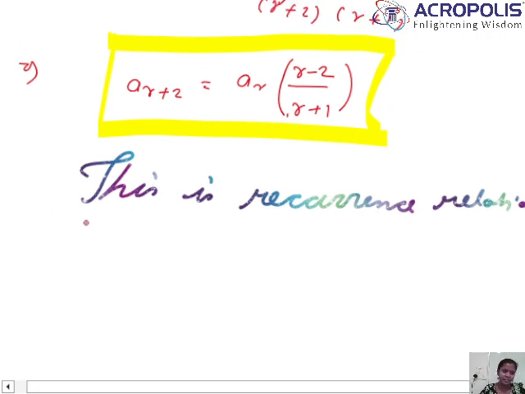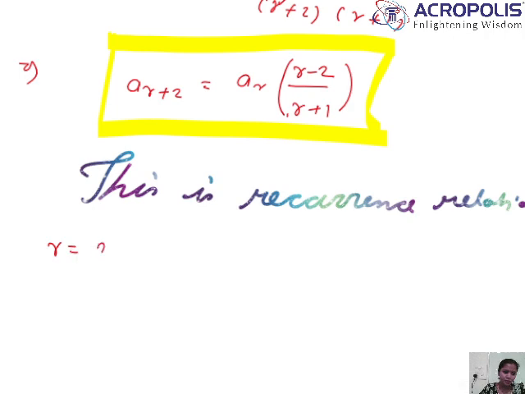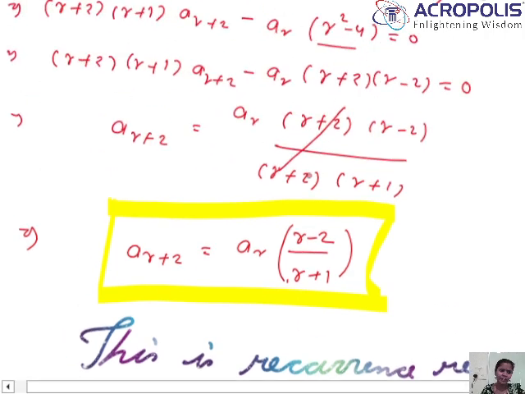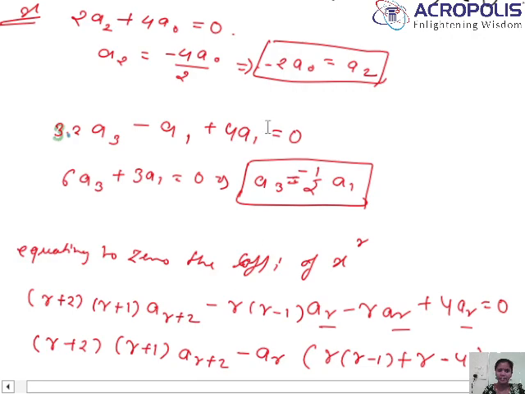Now we will substitute r equals 2, 3, 4 and so on. We do not substitute r equals 0 and 1 because we already found the values of a2 and a3 in terms of a0 and a1.